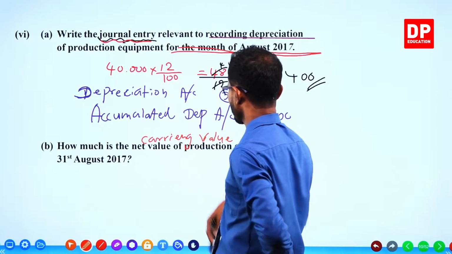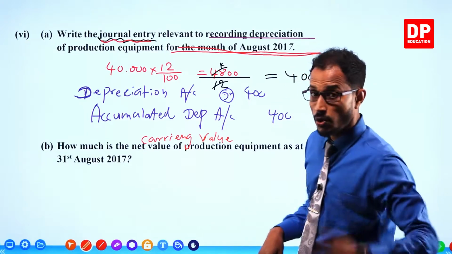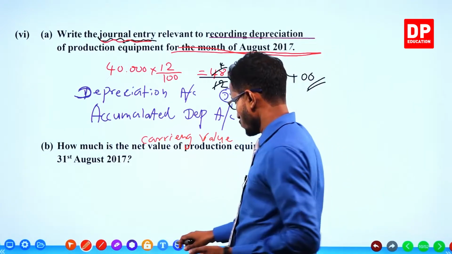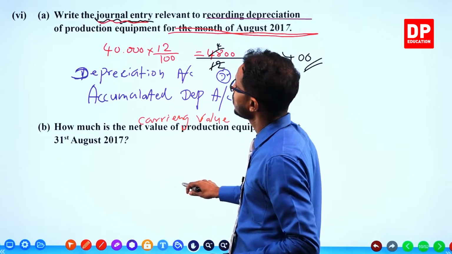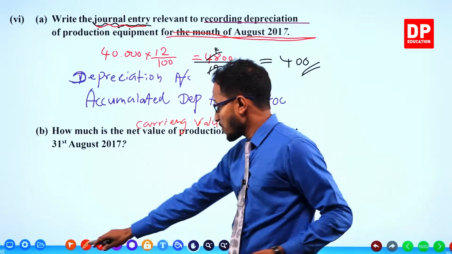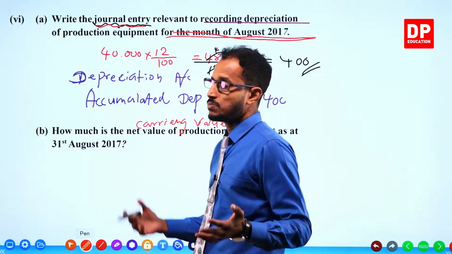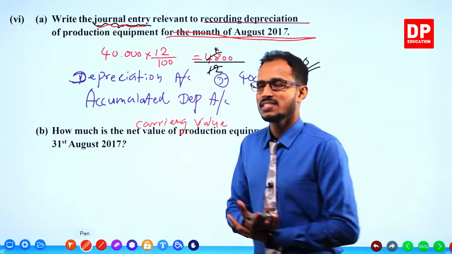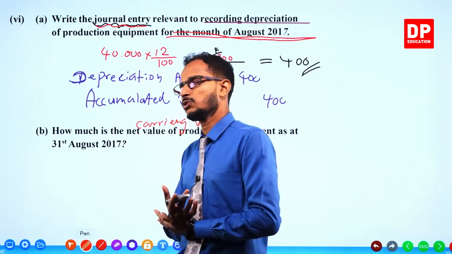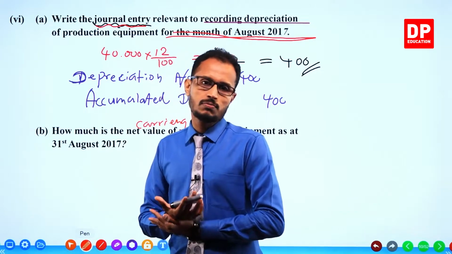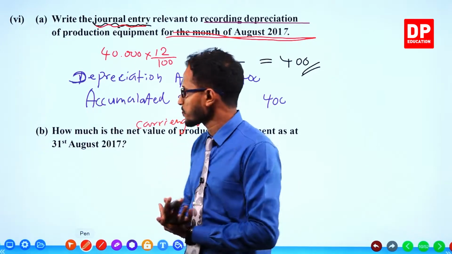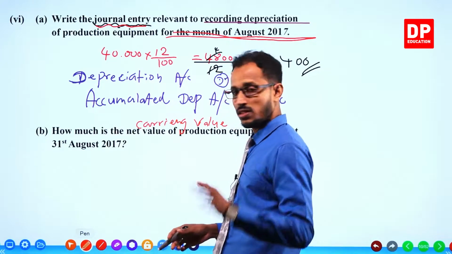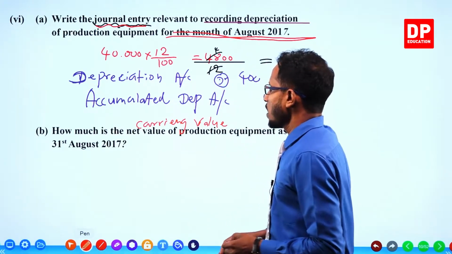How do you calculate carrying value or net value? In some books, in some places, it is actually named as book value, the carrying value. Here they have used net value. All the terms are used for the same thing, right?